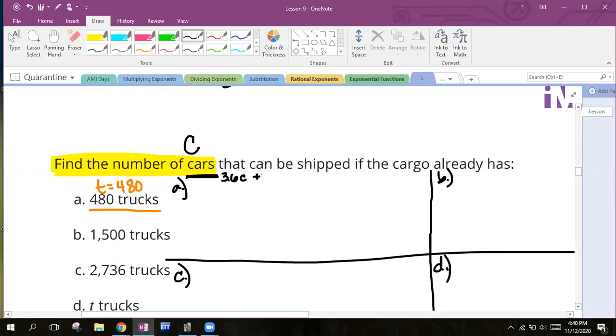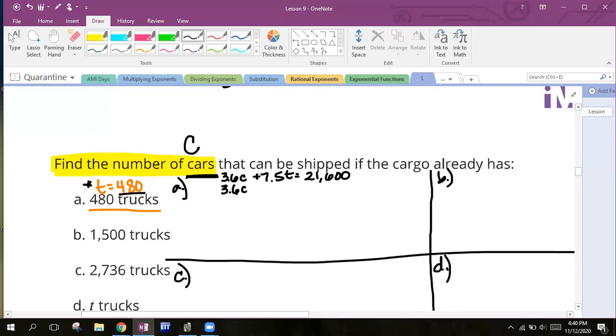Keep in mind, I'm writing very small to fit this in this little bitty section. If you want to get out a separate sheet of paper to solve it, you go for it. I have a variable, I have an equation. What can I do? I can substitute it. Everywhere I see a T, I'm going to substitute in 480.